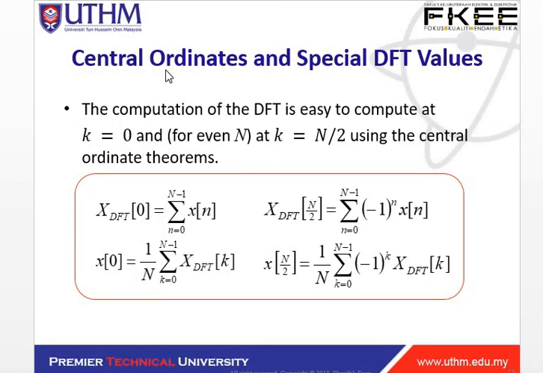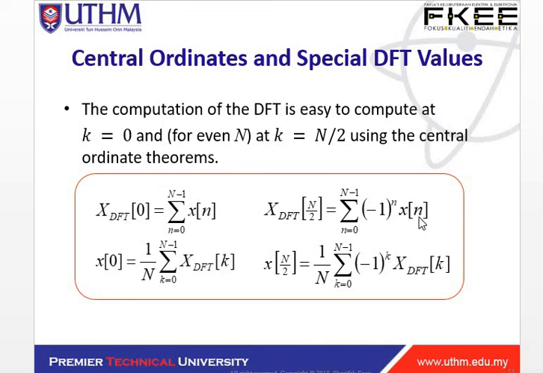Next is about the central ordinates. The computation of the DFT is easy to compute at k equal to 0 and at k equal to n over 2 using the central ordinates theorems. So X DFT 0 is the summation for n equals 0 to n minus 1 of xn, whereas for n over 2 it uses the formula summation of minus 1 power of n times xn.